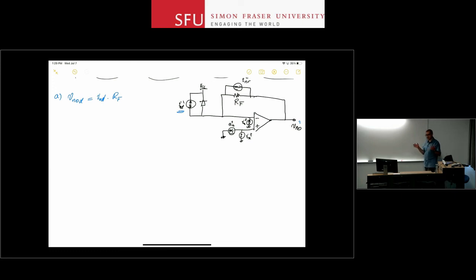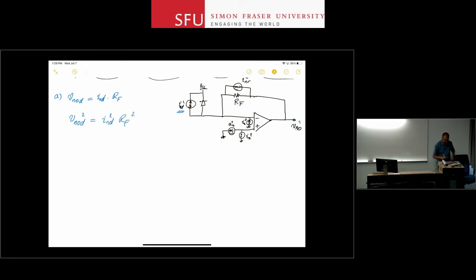Okay, so that's the output voltage noise because of that input current noise. I cannot talk about the amplitudes, so what I can see is that VNOD squared, this is the power, is IND squared RF squared.